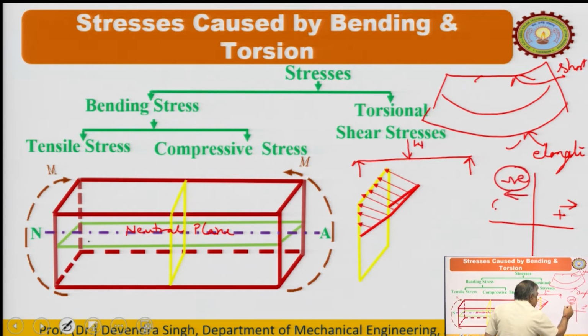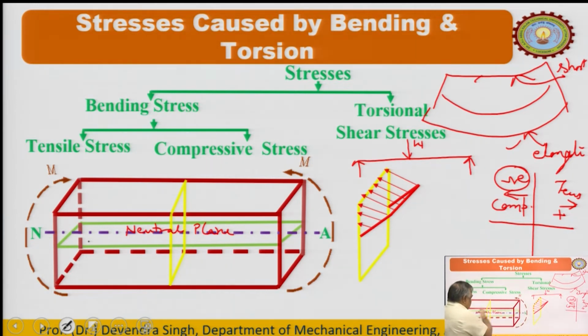Negative means I show this as compressive stress, this as tensile stress. So, this is the graphical representation of the stresses above the neutral plane. So, this is 0, and then continuously it is increasing, and the maximum compressive stress appears on the topmost fiber.